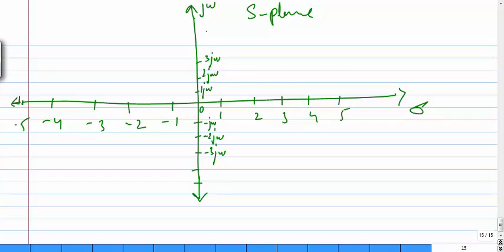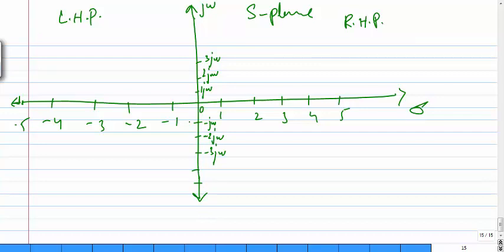So this is my S-plane, and we call this part the right hand plane, and this is the left half plane. This is the imaginary axis.